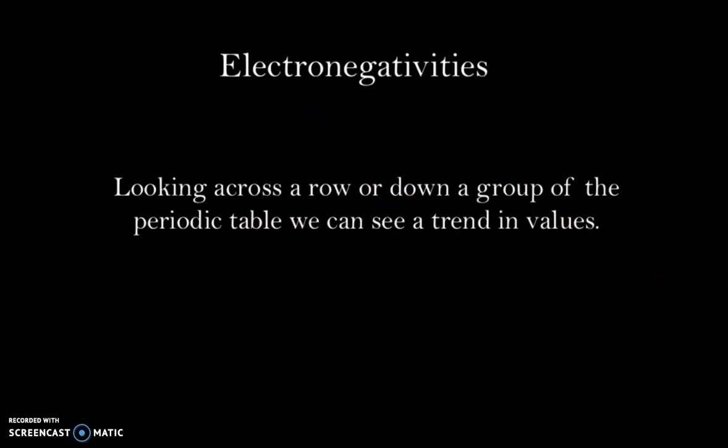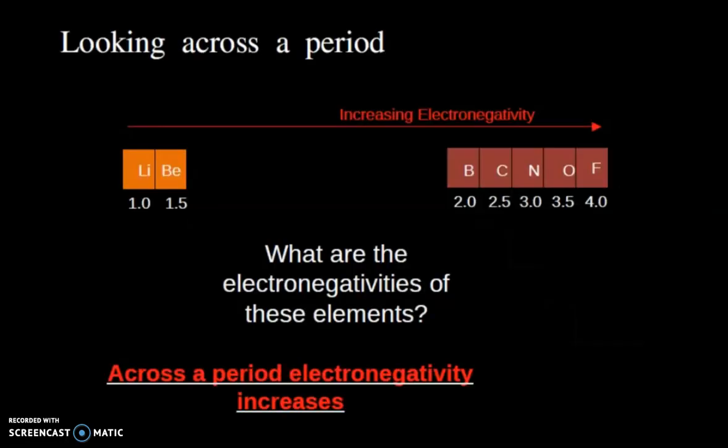Now, looking across a row or down a group of the periodic table, we can see a trend in values, like here lithium, beryllium, boron, carbon, nitrogen, oxygen, fluorine, that is left to right. Its value increases from left to right. What are the electronegativities of these elements?